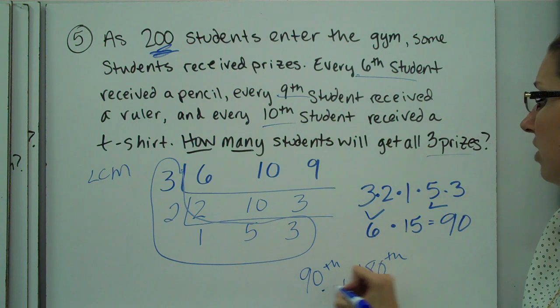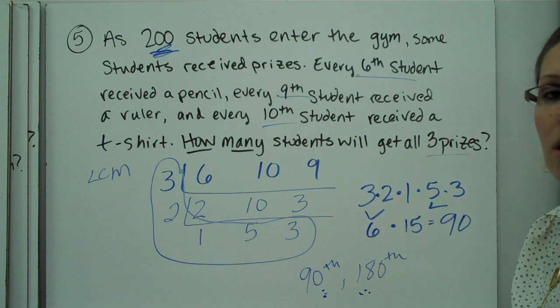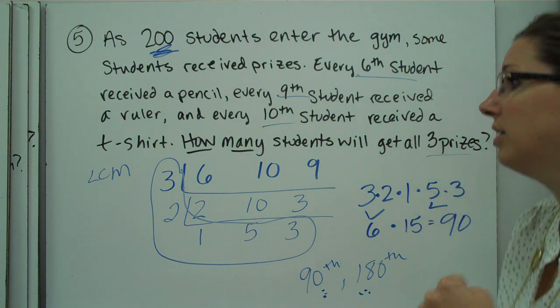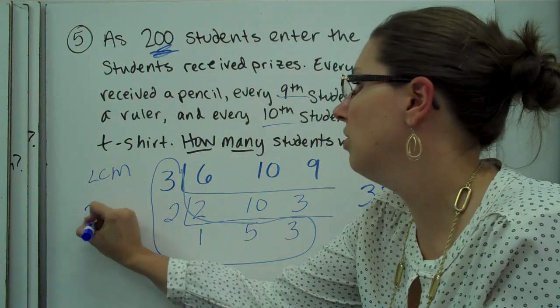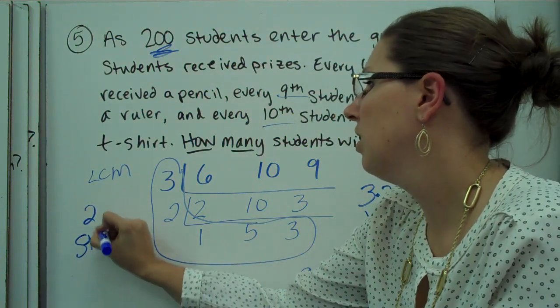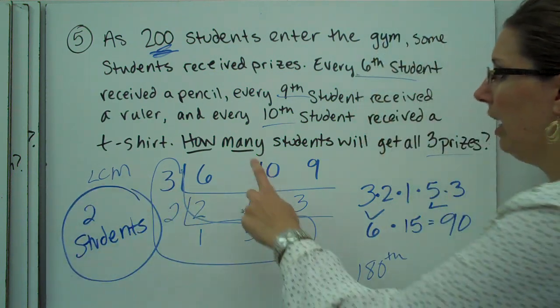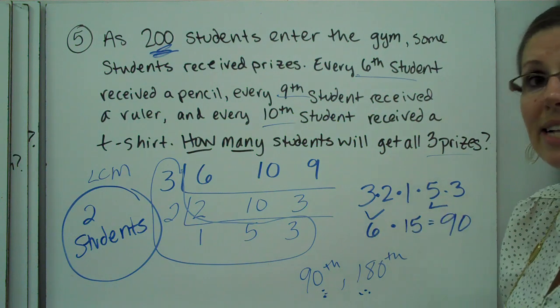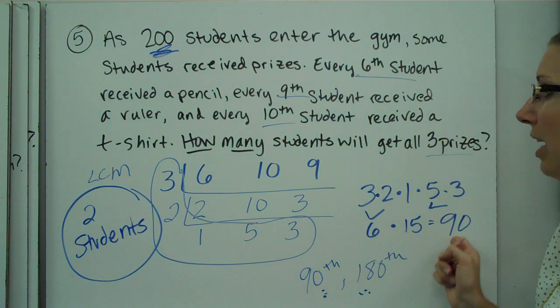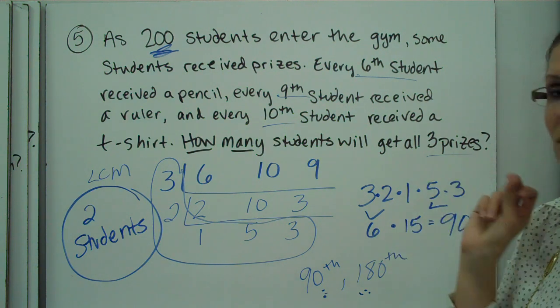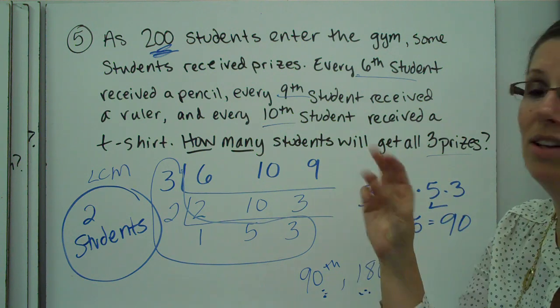So that's only 2 people that get all 3 prizes. So my answer here is 2 students. 2 students get all 3 prizes. That's how many. The 90 represented the 90th student that gets all 3 prizes.